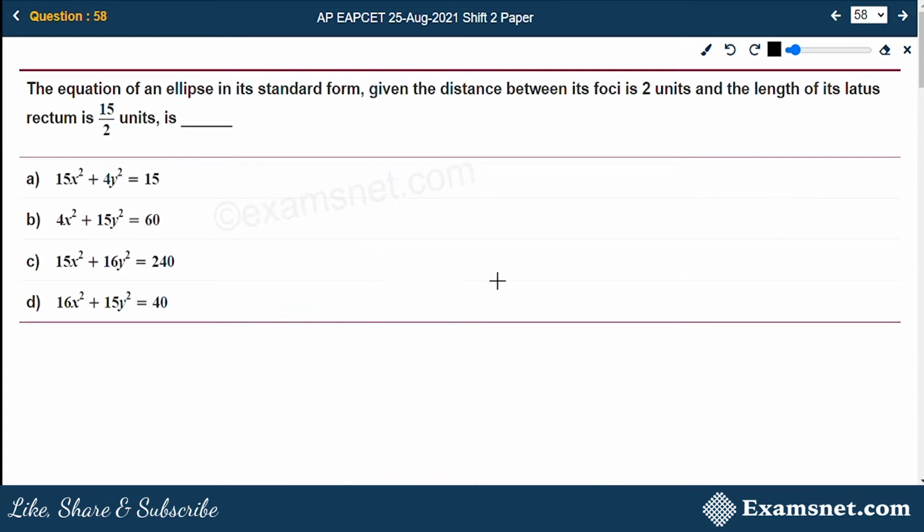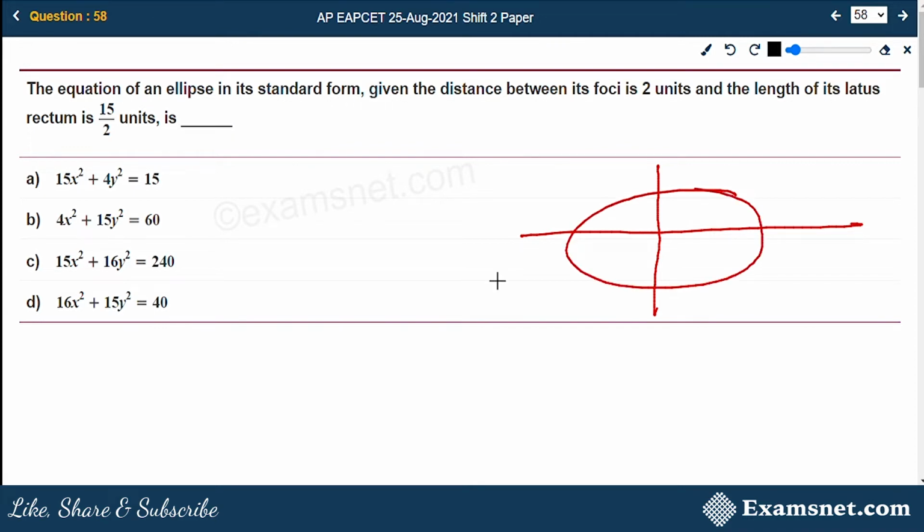Question number 58. The equation of an ellipse in its standard form, given the distance between its foci is 2 units and the length of its latus rectum is 15 by 2 units, you have to find out. So first of all, let's observe this ellipse. See, this is your ellipse.